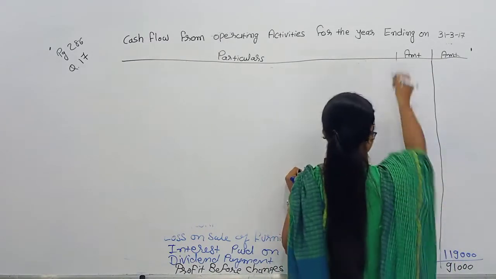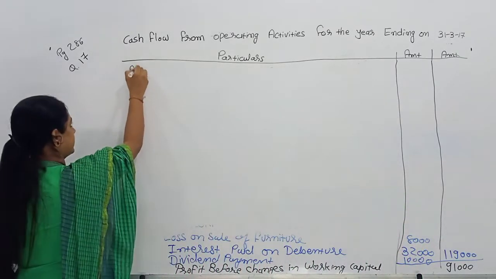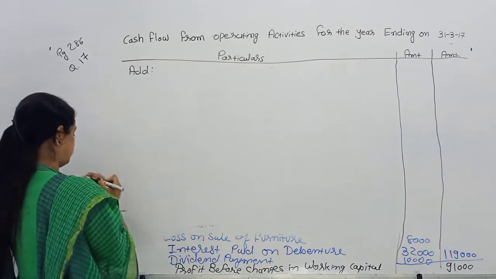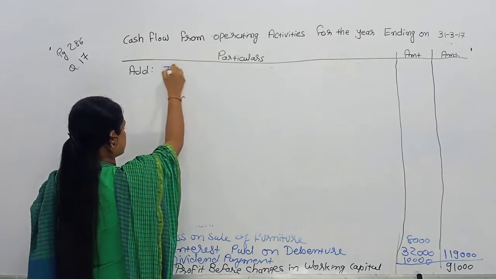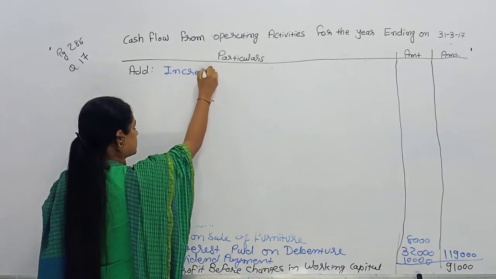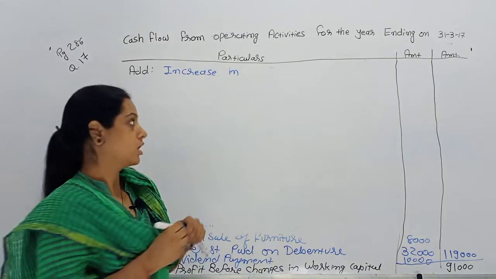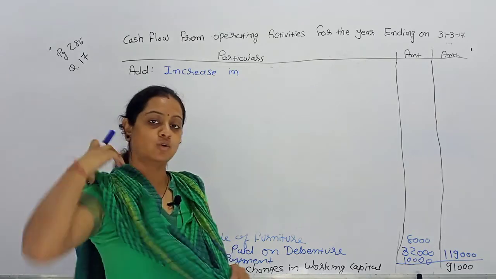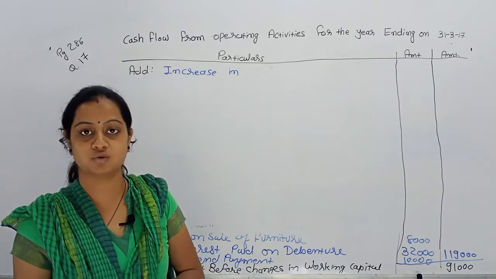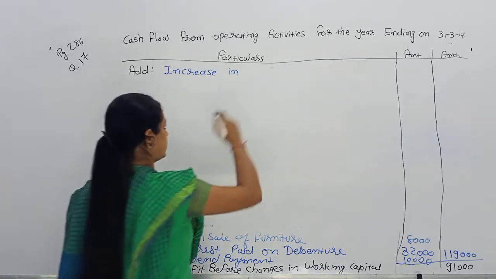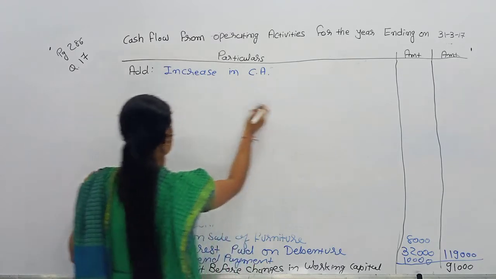Next step will be add. What we have to add? Increase in current assets. But here I don't know which current assets is increased. That I have to check in the question. So in short, I can write increase in current assets. Then in bracket I will write the amount.